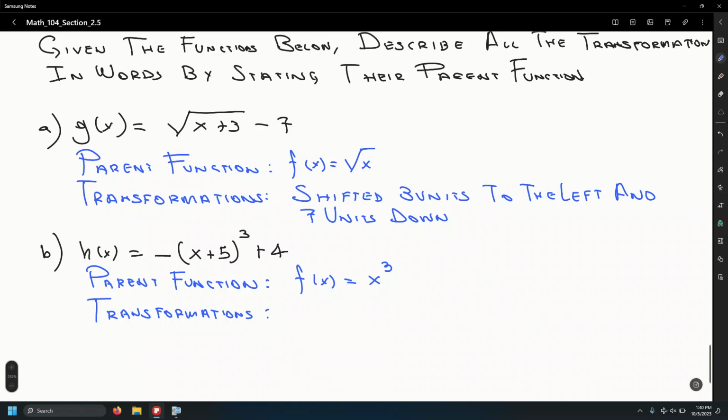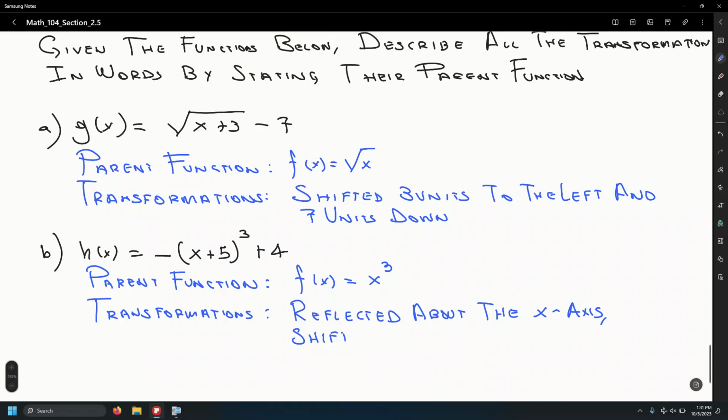Don't you reflect across the x-axis first? Reflect across the x-axis. Well, that's fine. So reflected about the x-axis, comma, what else? And then it'll be to the left 5 units and up 4 units.